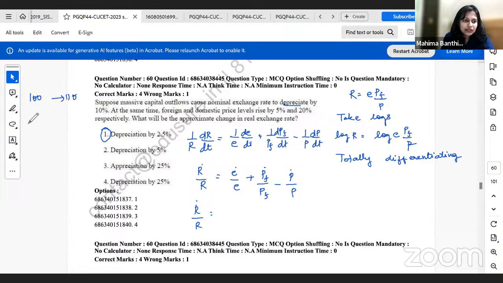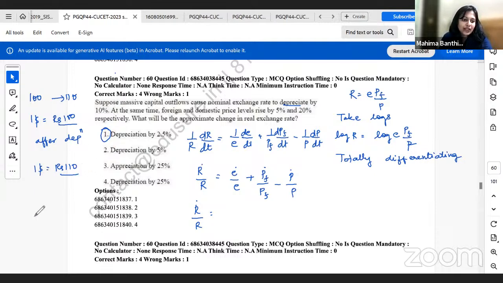What this means is that if $1 was equal to rupees 100, after depreciation, $1 is equal to rupees 110. So the value of the rupee has gone down, because now you have to pay 110 to get $1.